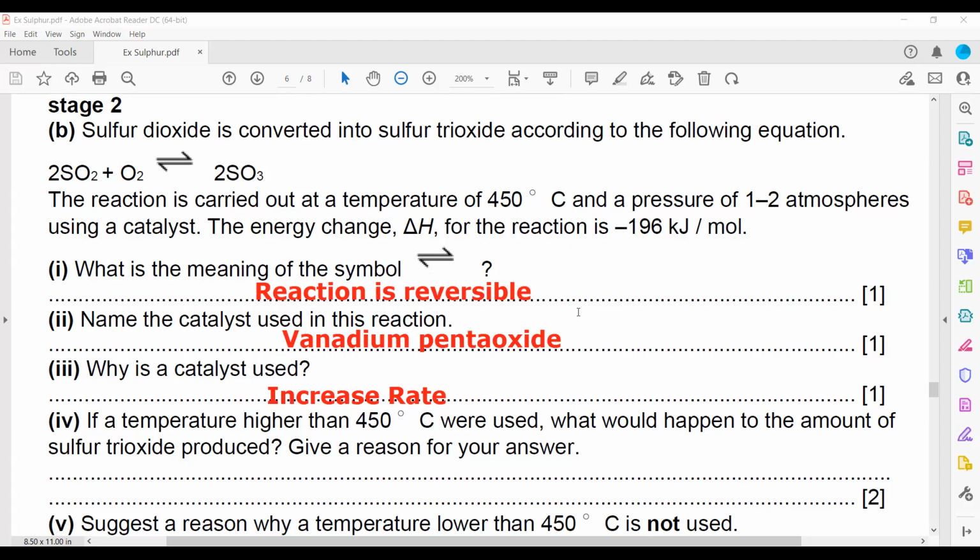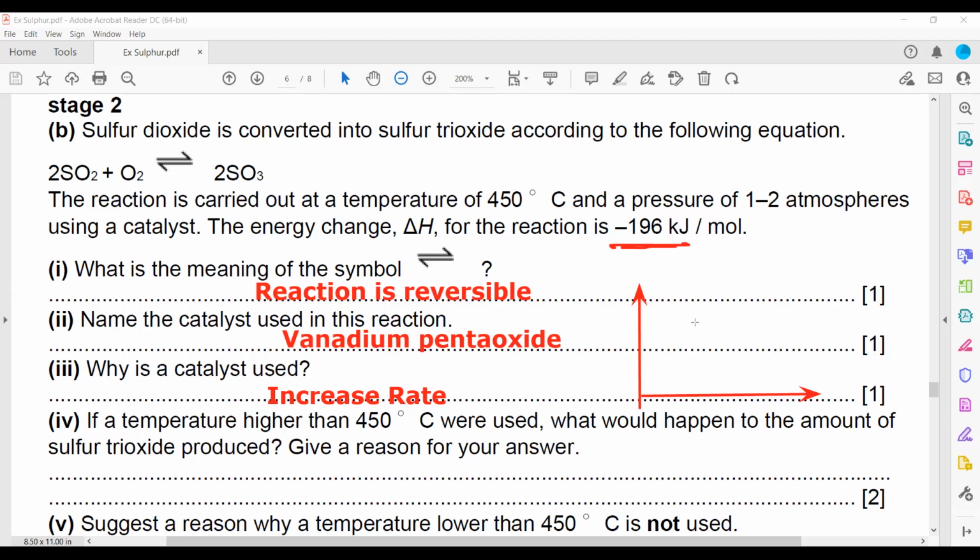If a temperature higher than 450 is used, what would happen to the amount of sulfur trioxide? You can see the reaction, the energy change is negative, so this reaction is exothermic. In exothermic reactions, reactants have high energy and the product has low energy.